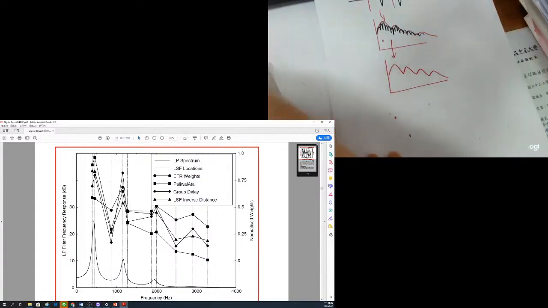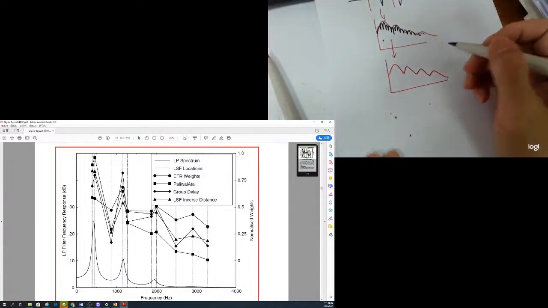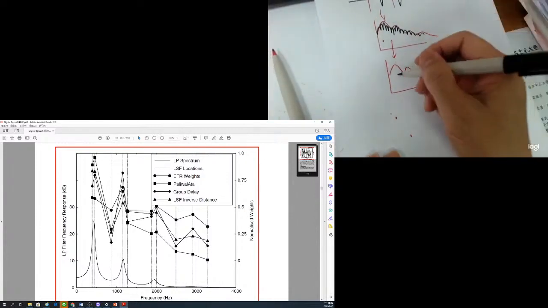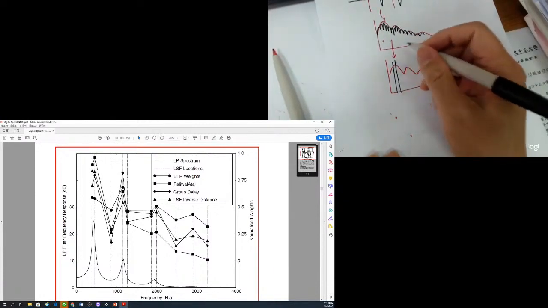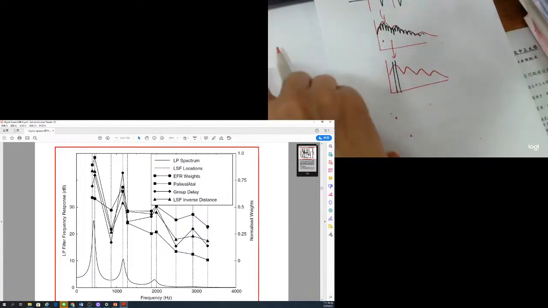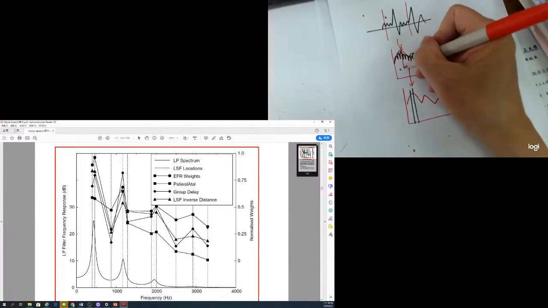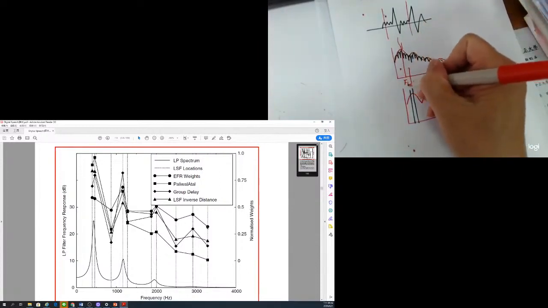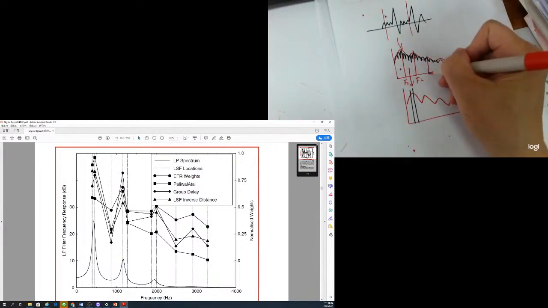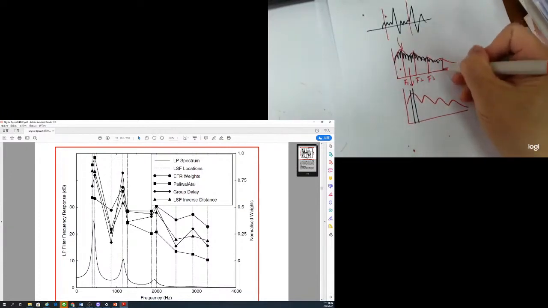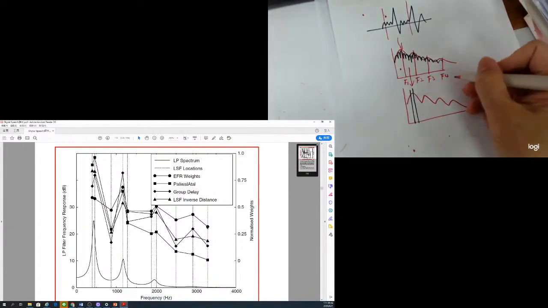If we look into the line spectrum frequency in this figure, why this envelope shape? Because on the envelope shape, the first peak point we call Formant 1, the second peak point Formant 2, Formant 3, and Formant 4.